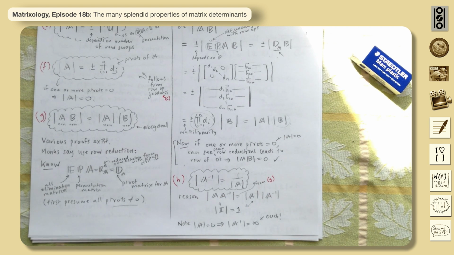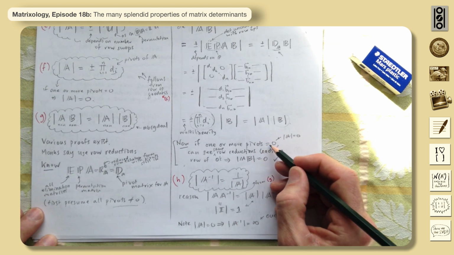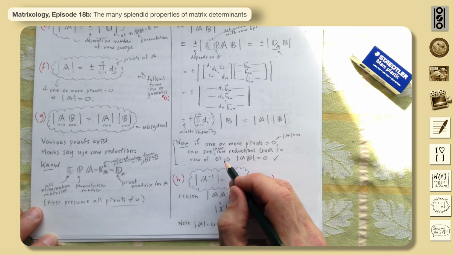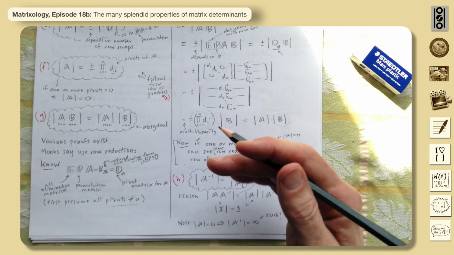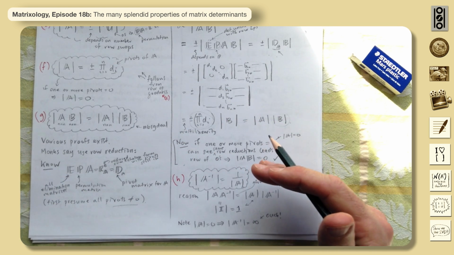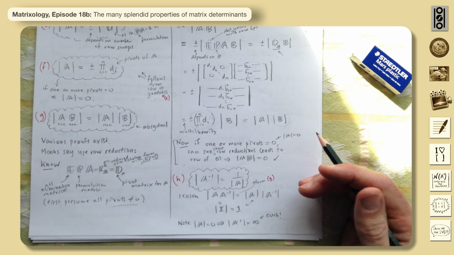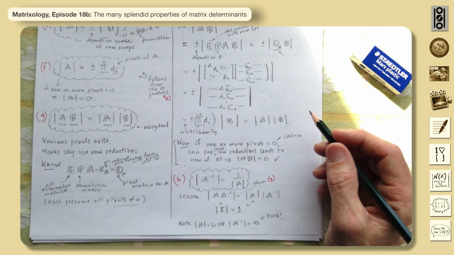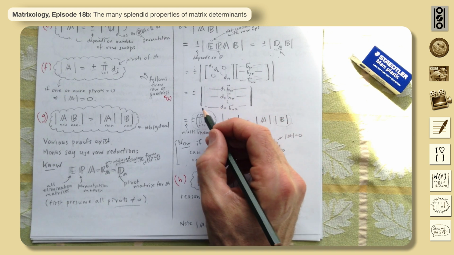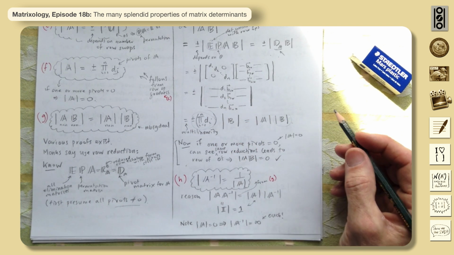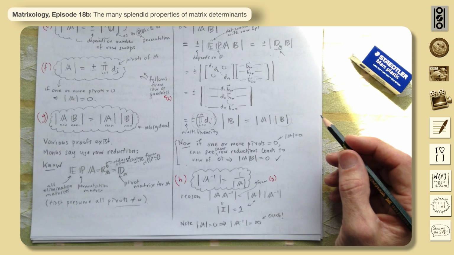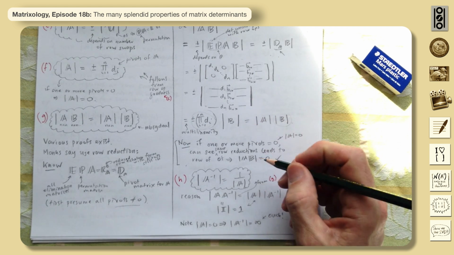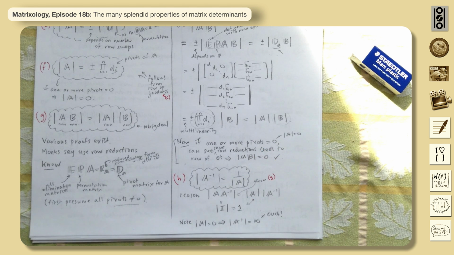And if one of A's pivots is equal to 0, then when we do row reduction, we'll get a 0 row, and that'll create a 0 row when we make this product. So the determinant of A times B has to be 0 as well.